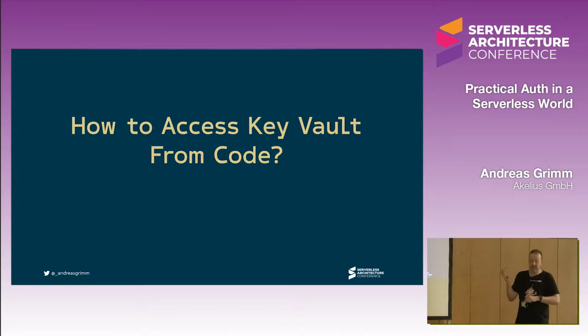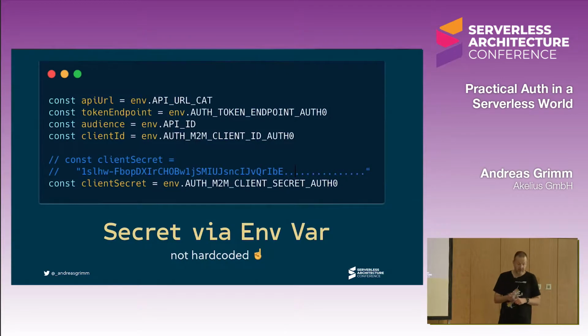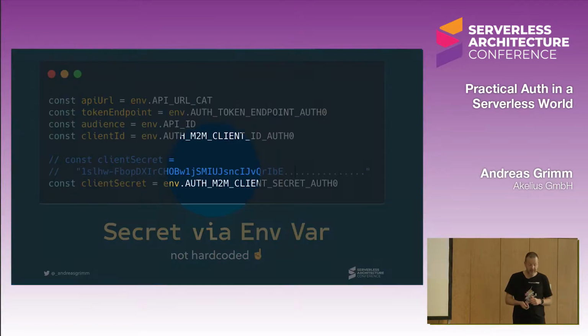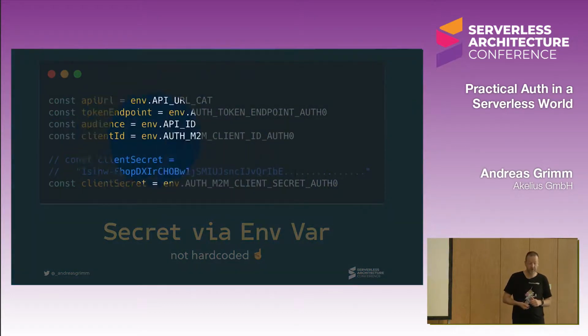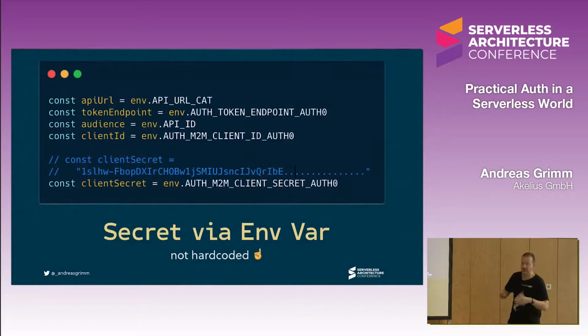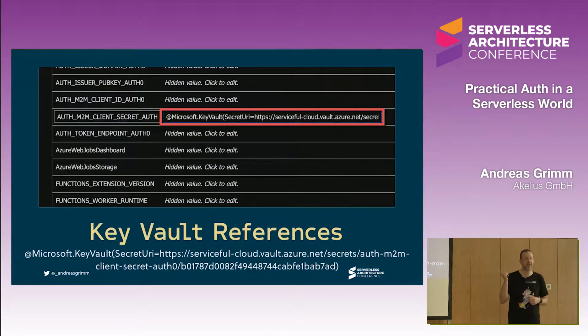Okay, how do we access the Key Vault from code? One possibility is just to expect it as an environment variable there and not hard-coded, like it was before when you just really wanted to test something quickly. Of course, do not do it hard-coded. But how does it get there?